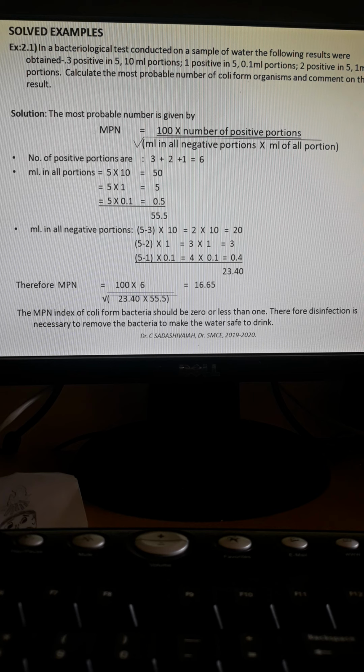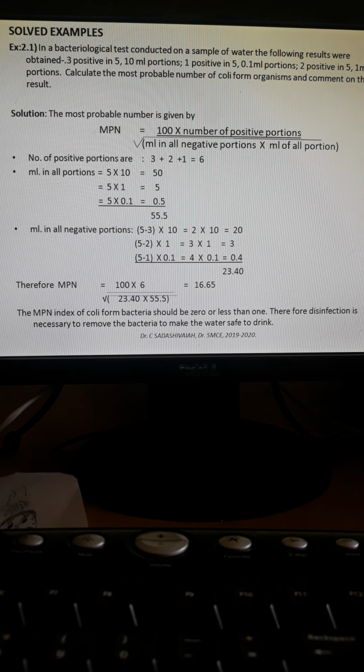When all these 15 test tubes are kept in the incubator for 24 hours at a temperature of 35 or 37 degrees centigrade, if any bacteria are there, they are going to ferment the content, and the result will be the production of gas. So out of these test tubes, 3 plus 2 plus 1, totally 6 test tubes formed gas. Therefore the number of positive portions is 6.